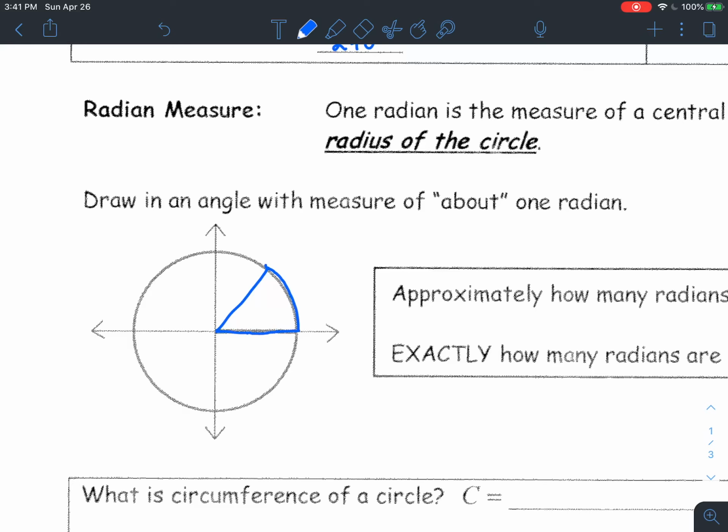That angle that's formed on the outside of my circle, right there that I'm labeling theta right now, that is what's defined as 1 radian. Again, the radius is the same as the length around my circle. So that's where the actual angle for a radian comes from.